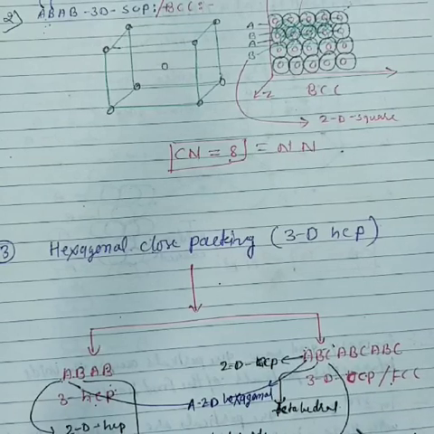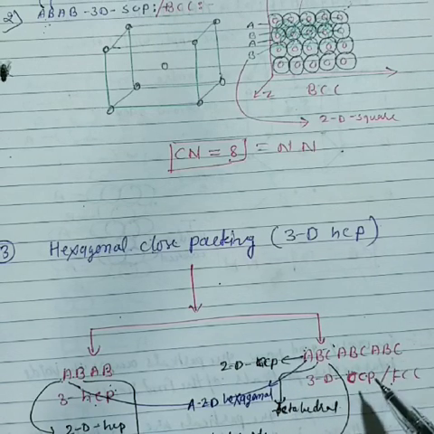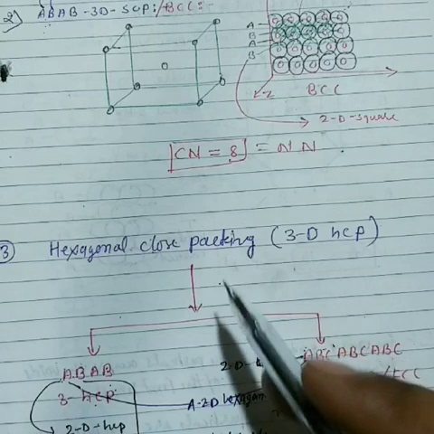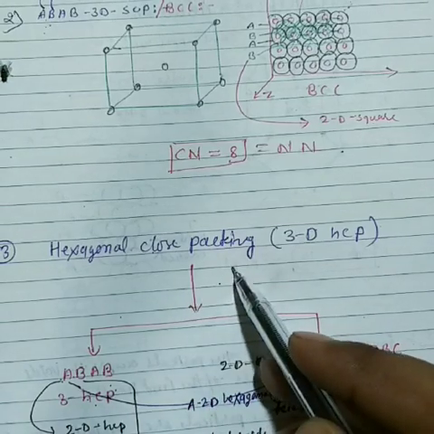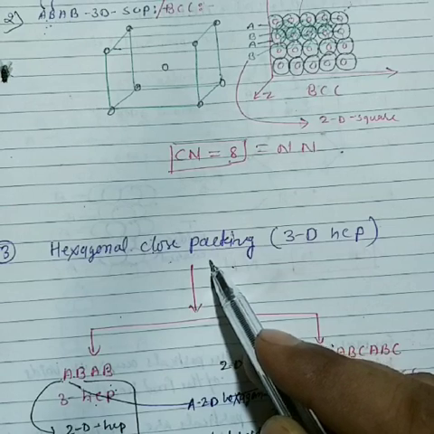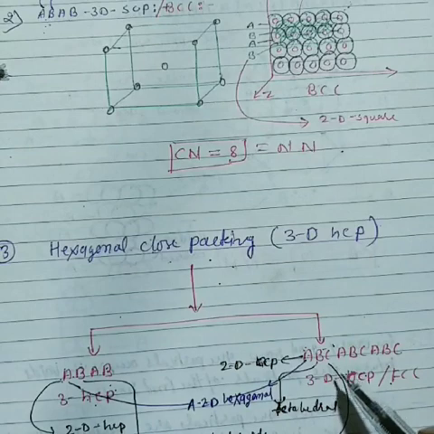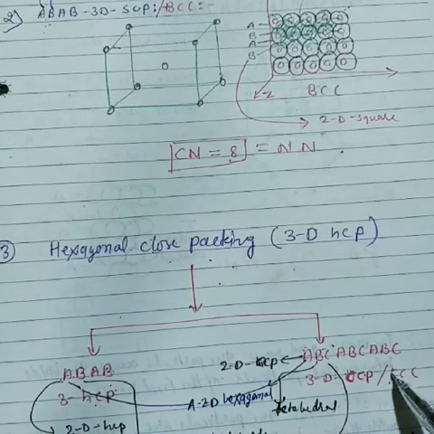That means such an FCC crystal behaves as hexagonal close packing, on the behalf of CCP or FCC.